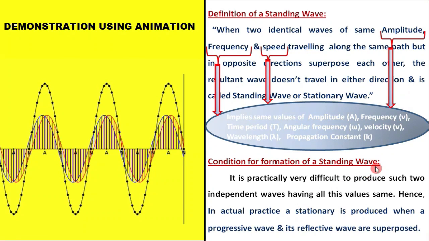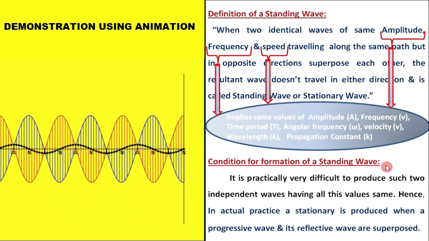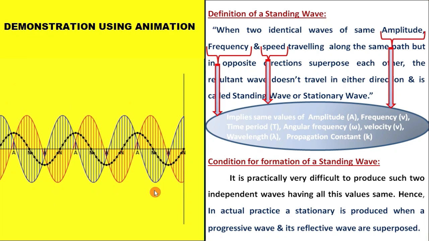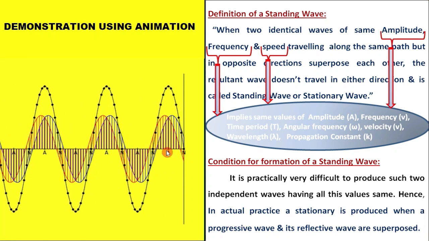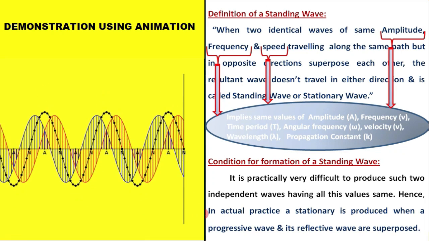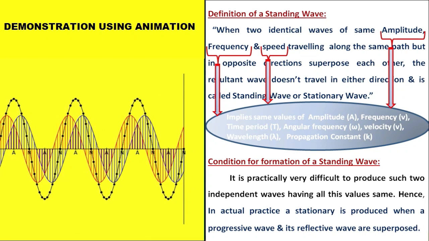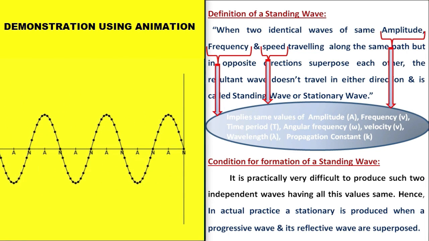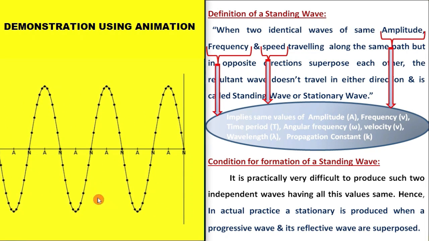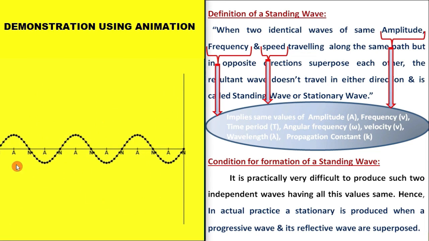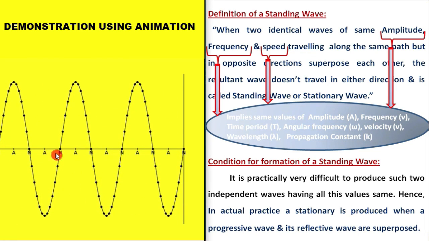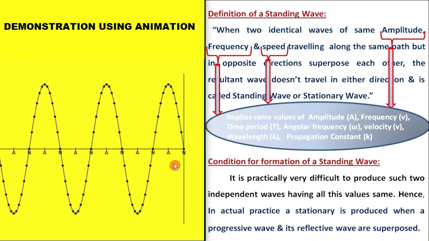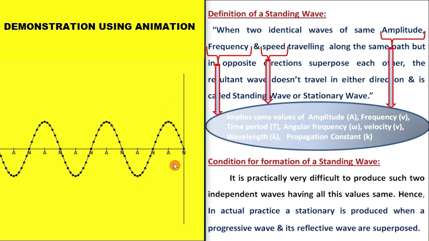Now another important part from the exam point of view: find the position of the nodes and antinodes. Here we can see the position of nodes and antinodes, and if I close this incident and reflected wave, then this will be more clear. You can see very clearly that node, antinode, node, antinode, node, antinode, like that they are forming alternately.